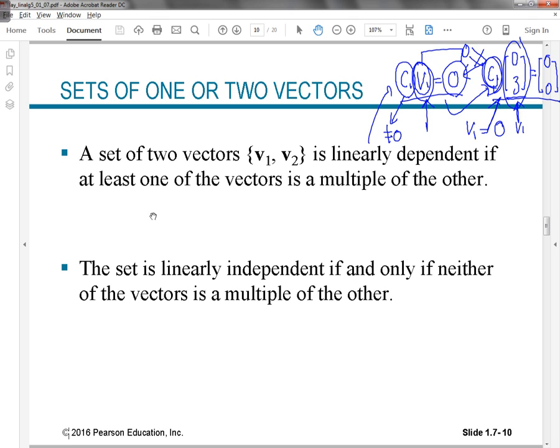So let's think about the case where none of the two vectors are 0 vectors. These are all non-zero vectors.